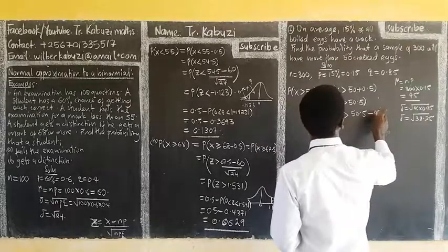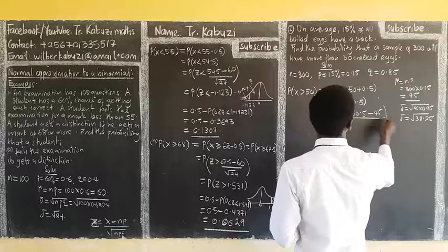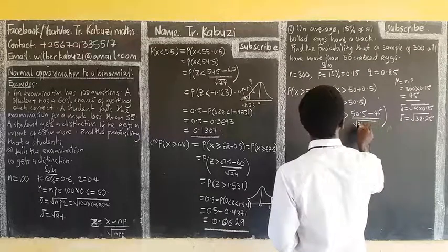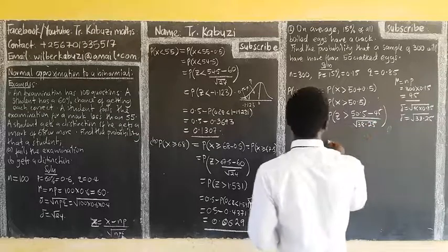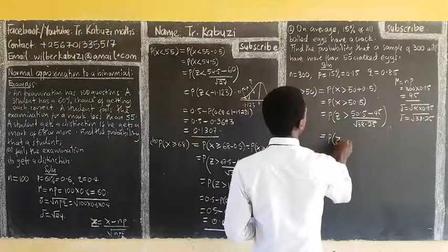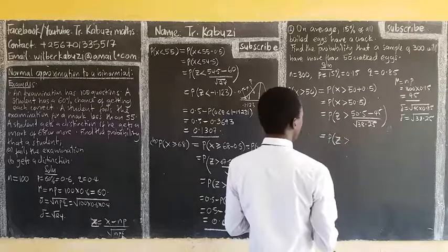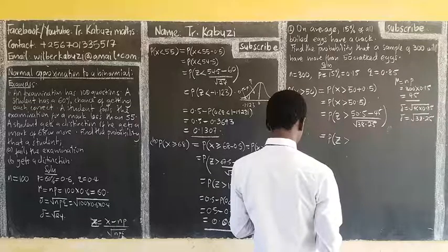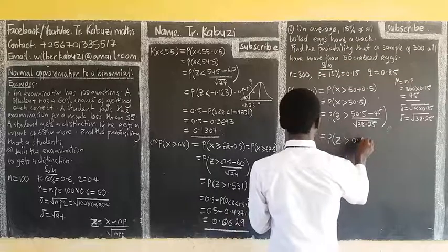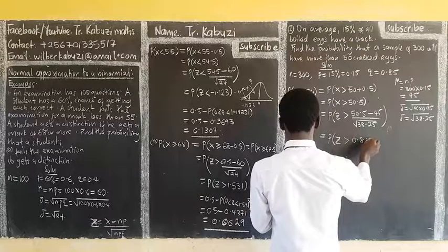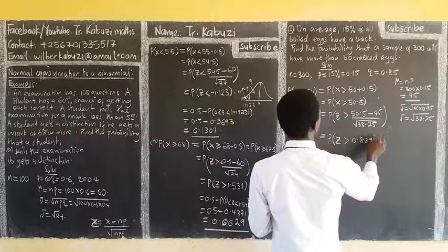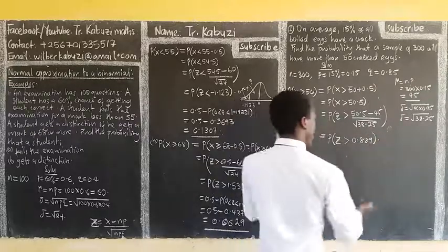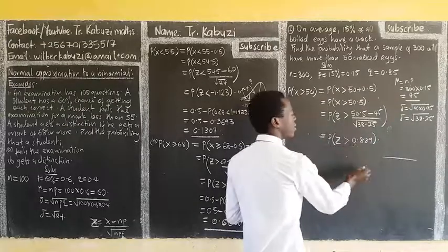So 50.5 minus 45 over the root of 38.25. And when you simplify this, our Z is going to be greater than 0.889.